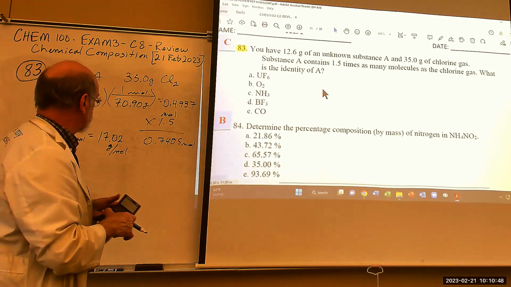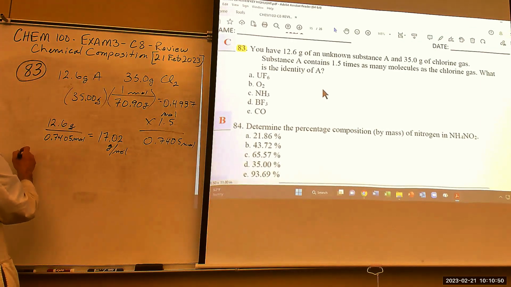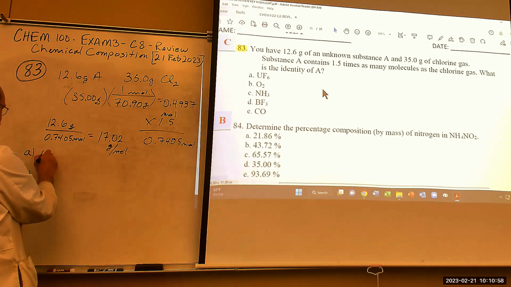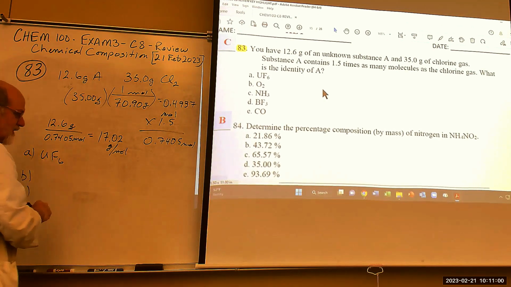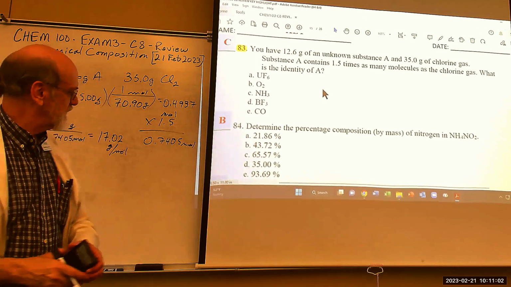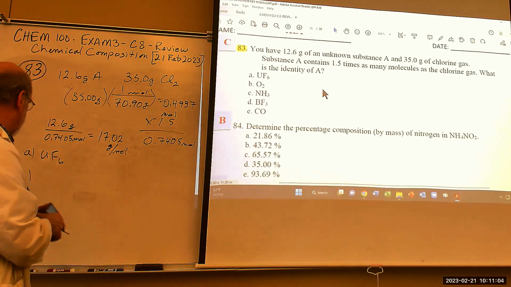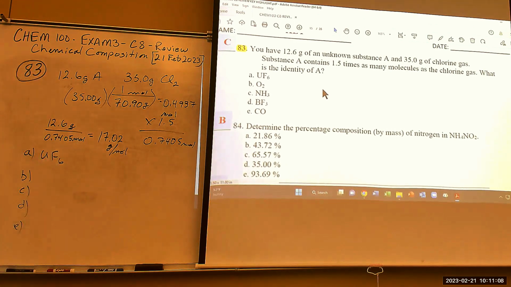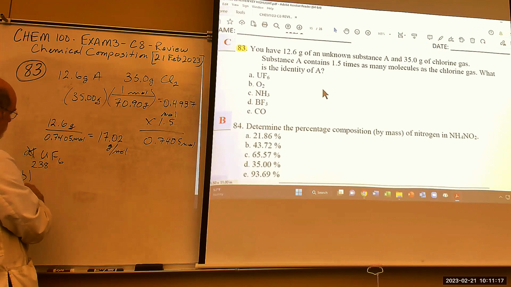We know it's not oxygen because oxygen is 32 grams per mole. So A, uranium fluoride. Uranium fluoride, 6 fluorines is more than that. So that can't be. And uranium is huge, it's let's see, 238 grams per mole. Right? So it can't be that one.